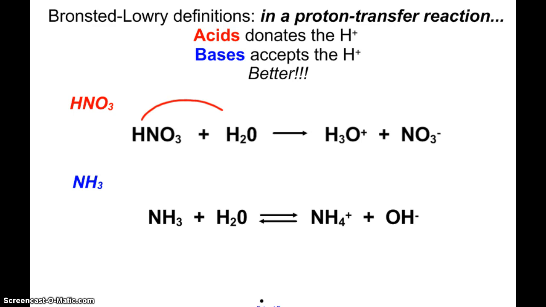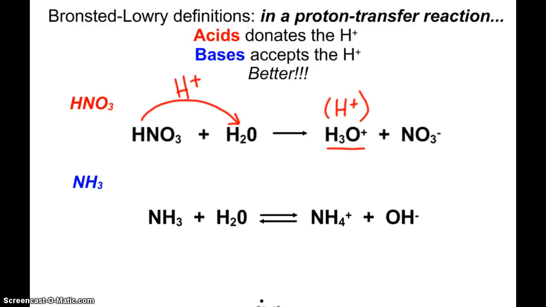It donates its hydrogen ion to the water. And so on the other side you see hydronium, which is often abbreviated H+, and you see the nitrate ion. And so what we see is that through that proton transfer, nitric acid is acting indeed as an acid.